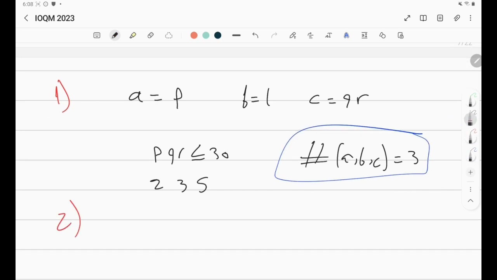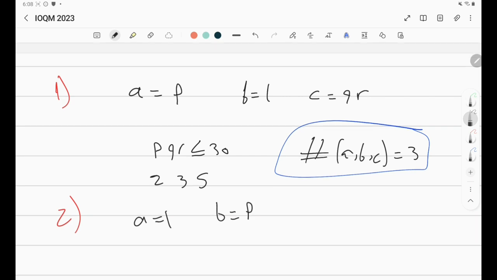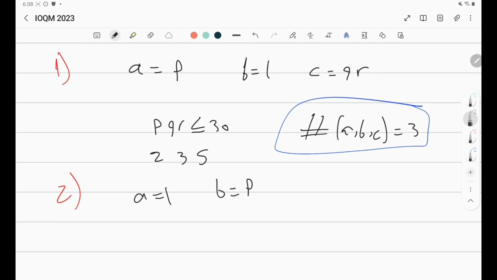Second case, A is 1, B is a prime. So now BC is P times some C, so C itself is a prime. Again ABC is just PQ, and we know that PQ is not divisible by the square of a prime.